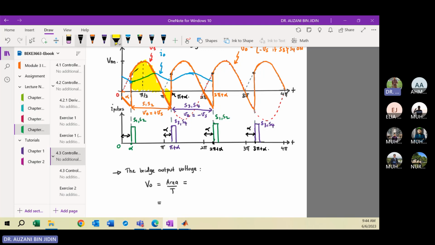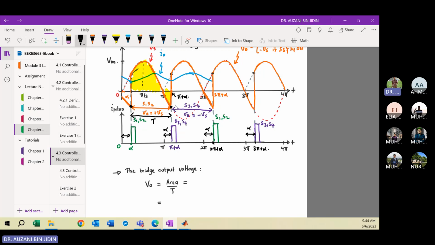We define the period here, so this is your period T, because this wave shape will be repeated.